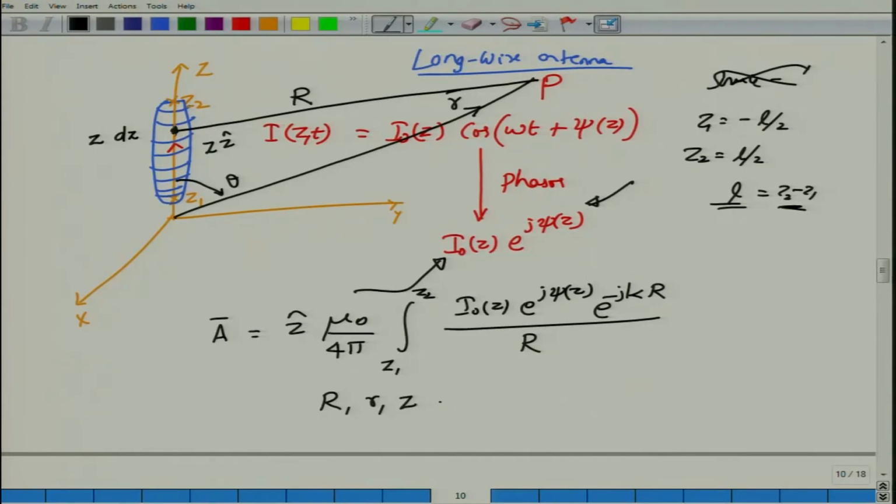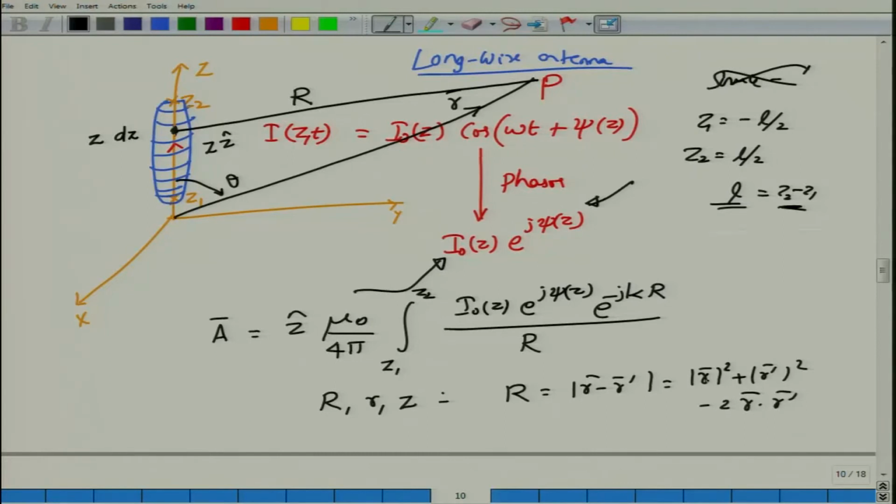R is actually the magnitude of r minus r prime vector, where r prime in this case is equal to z times z hat. Therefore, this can be written as the magnitude of r squared plus the magnitude of r prime squared minus 2 r dot r prime, correct.